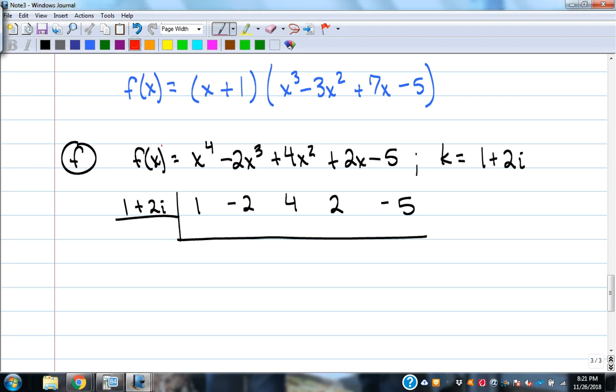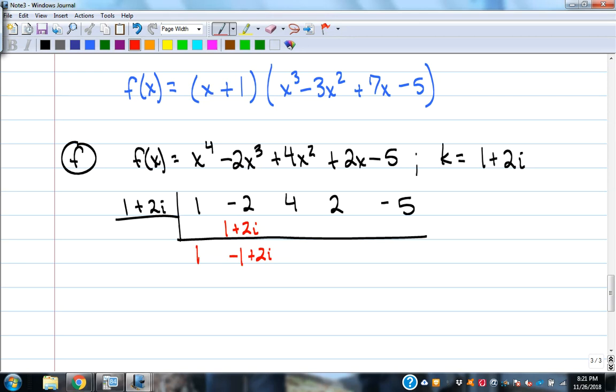Again, I'm going to drop the 1 down. And when I multiply, I'm going to multiply 1 times this, so it's like the distributive property. 1 times 1 plus 2i is 1 plus 2i, right? And then I'm going to add. What's negative 2 plus 1 plus 2i? It'd be negative 1 plus 2i.